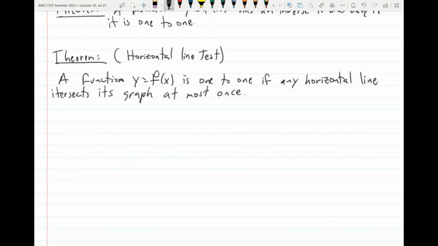So, let's do an example. I'm going to give you some pictures and you tell me whether the functions represented by these pictures are 1 to 1 or not, okay? So, determine if the given functions are 1 to 1.